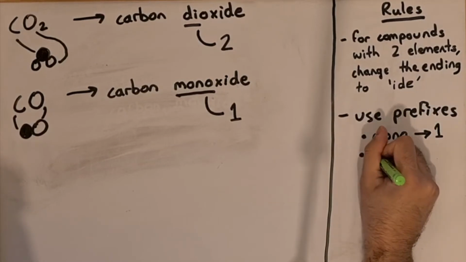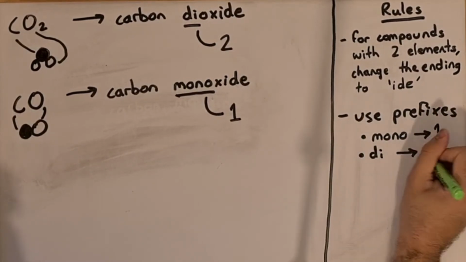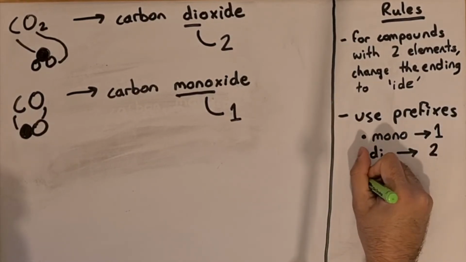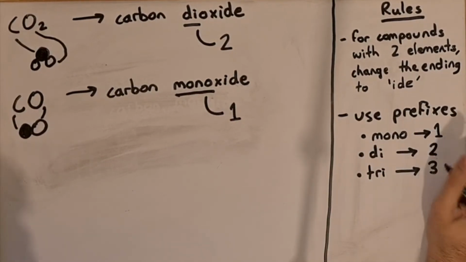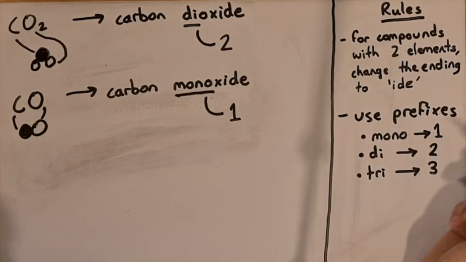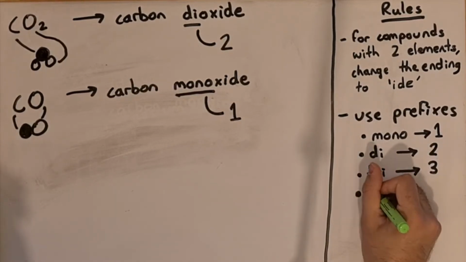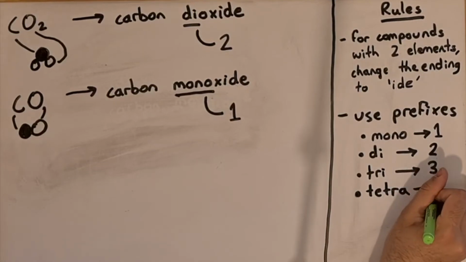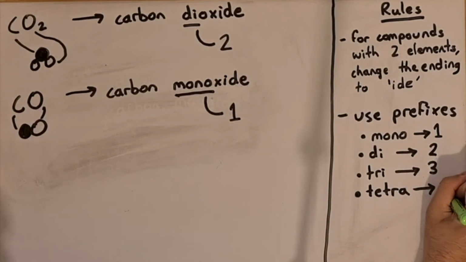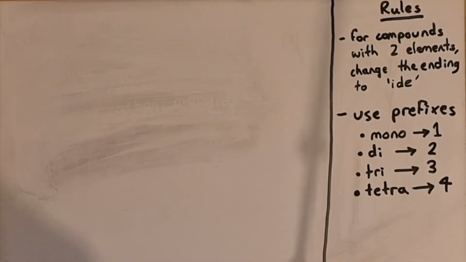We've got di, that means two. We've got tri, that means three, which we haven't gone over, but it makes sense, tri, like tricycle is three. And we've also got one that you need to know that's tetra, which means four.